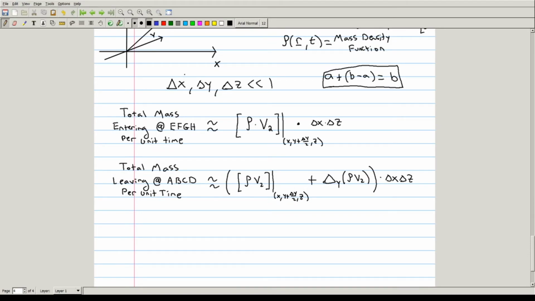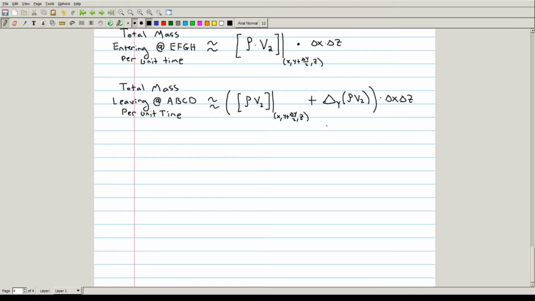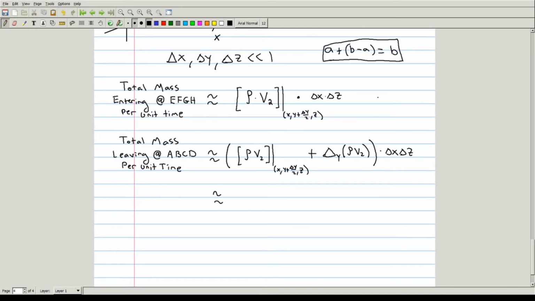We're going to use what we know about multivariable calculus to get a nice simplification here, and you'll see why in one second. Remember from multivariable calculus the concept of linearization or approximation. It's almost the same as linearization in 1D calculus, but say if you have a function of x and y, the change in that function is approximately equal to the derivative of that function.